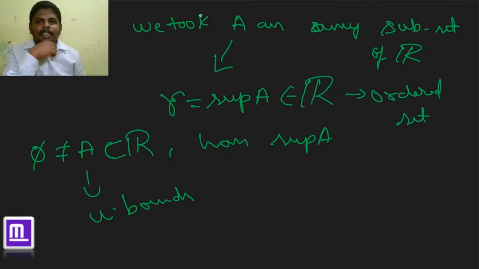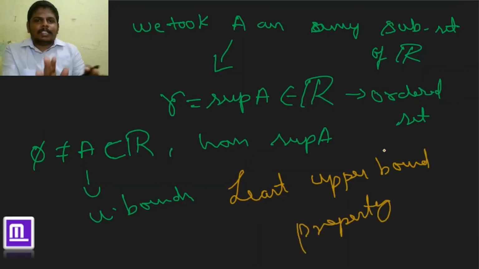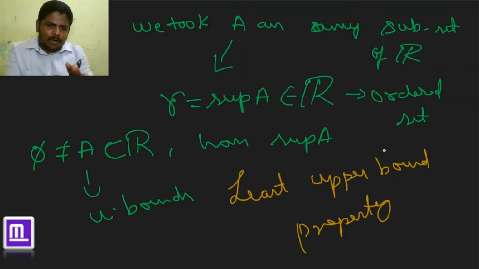This means our R has the least upper bound property.